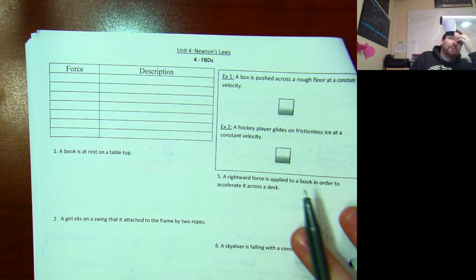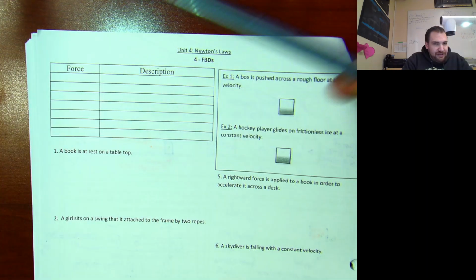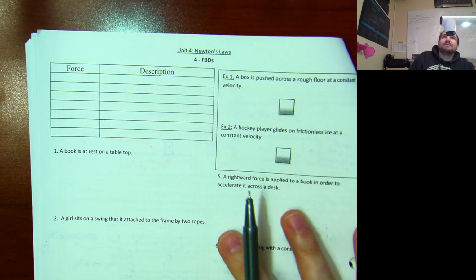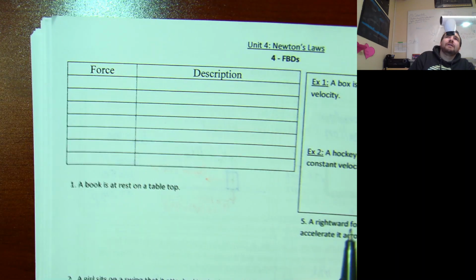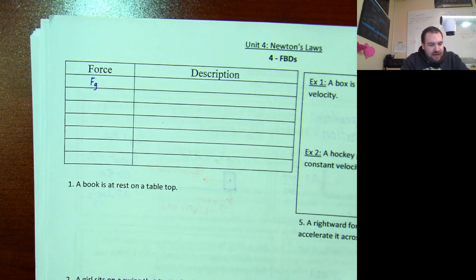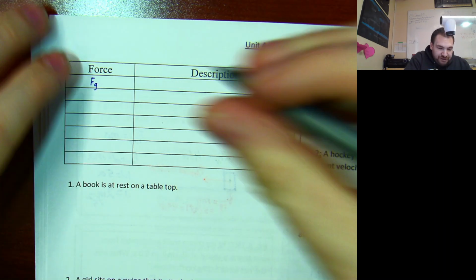Before we do that, I'm going to list here some of the forces that you're typically going to see and when they're used. We've talked about a few already. Fg was the first one I think we introduced. Fg is the force of gravity.